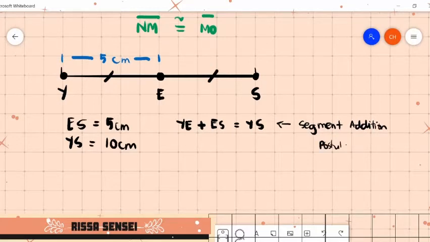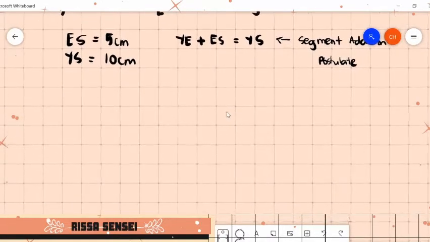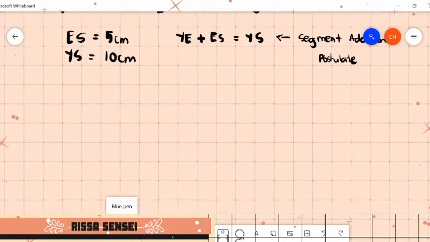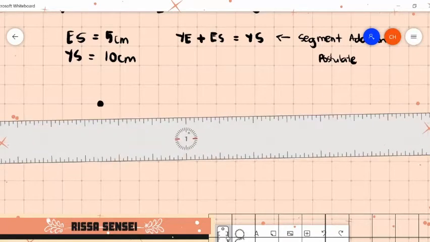Okay? But it doesn't mean na nagwo-work lang yung segment addition postulate for midpoints. So, bigyan ko kayo ng example. Ini-state sa segment addition postulate na the whole segment is equal to its parts.